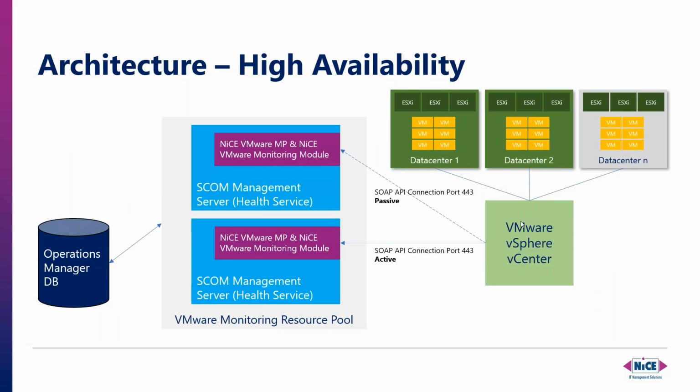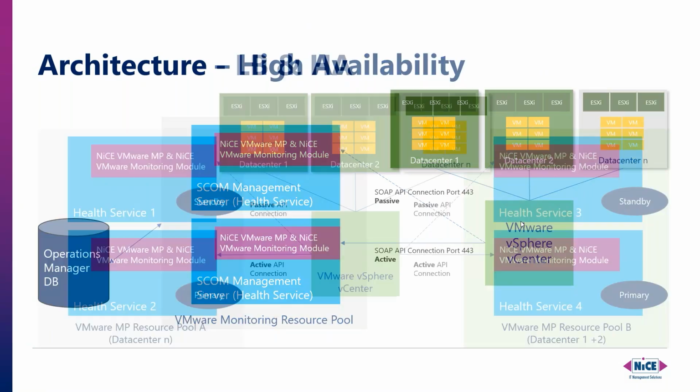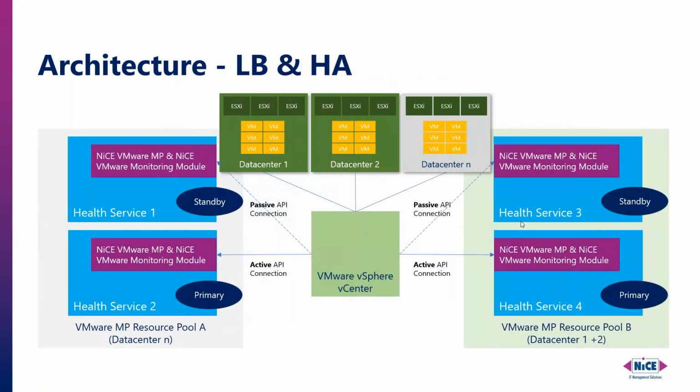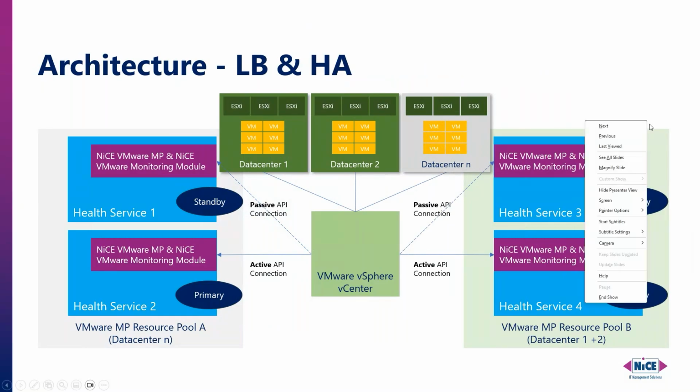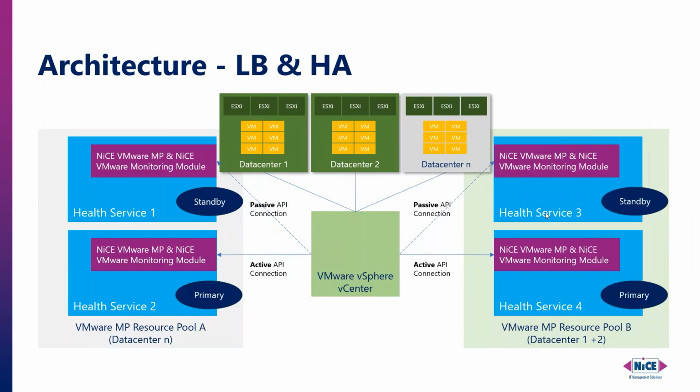If you want to take this one step further and your environment grows even more, you can go to a combined scenario with more load balancing. In this environment, you have 2 resource pools. On the left side is resource pool A, with a number of data centers assigned to it, and we have another resource pool where we also have a number of data centers assigned.